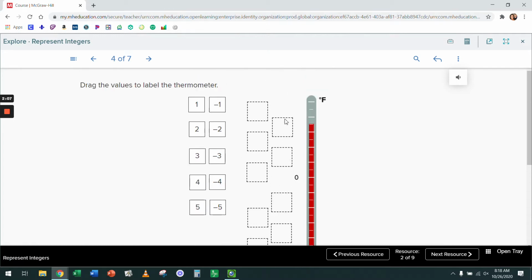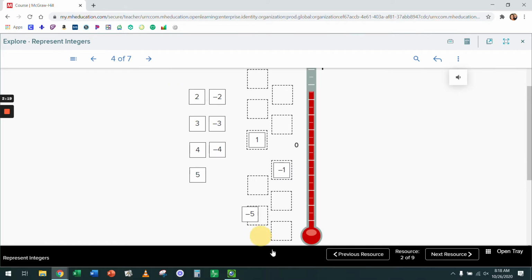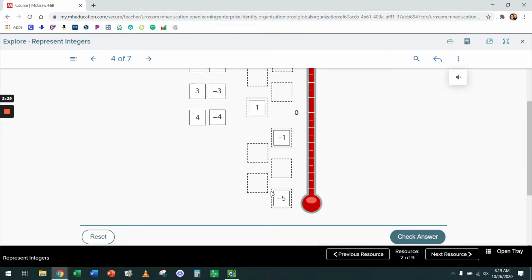Anything above 0 is positive, so right above 0 would be a 1. Right below 0 would be a negative 1. And so on and so forth through this thermometer. You'll notice that negative 5, although 5 is the largest value we have in this set of numbers, negative 5 would be the lowest value because we're talking about going away from 0.